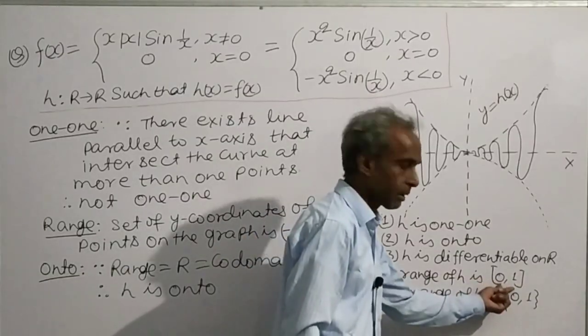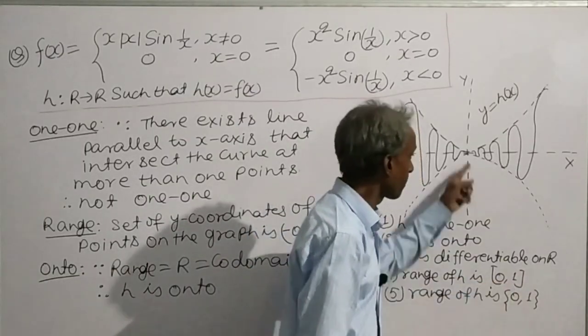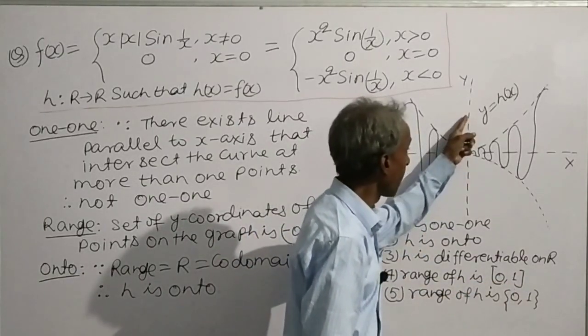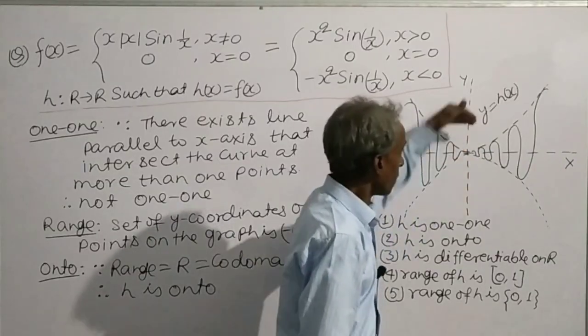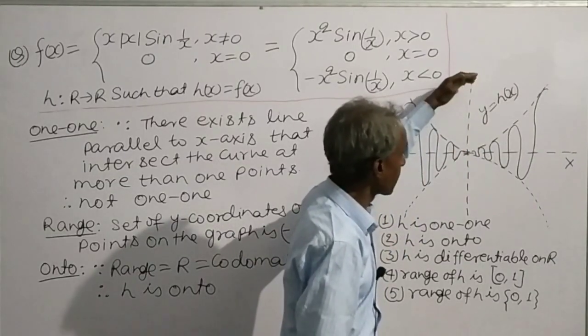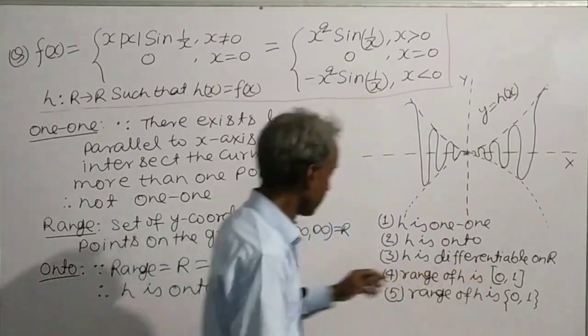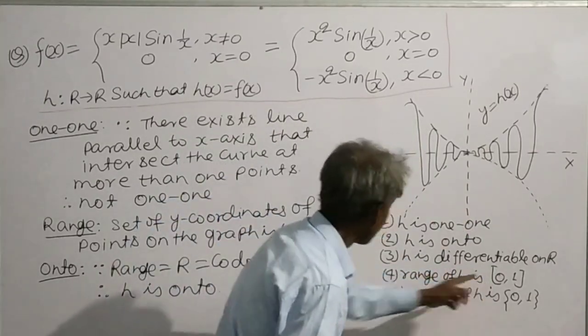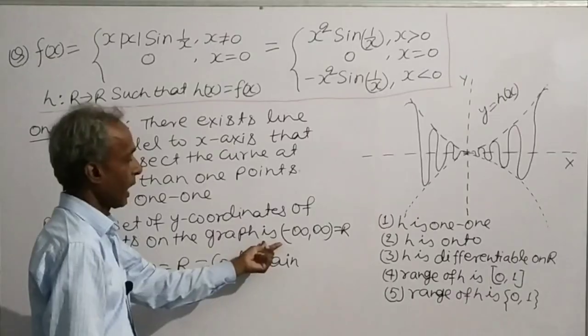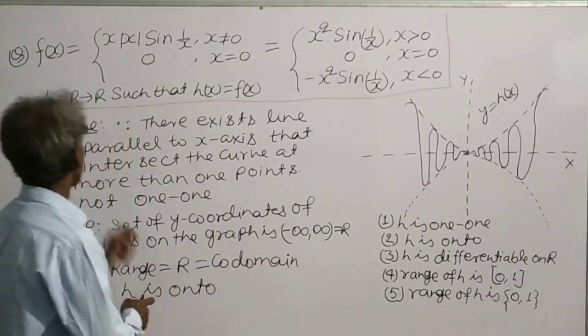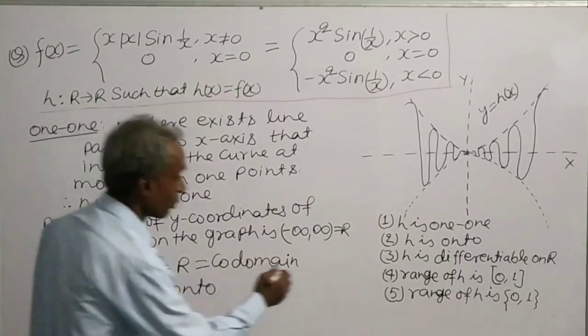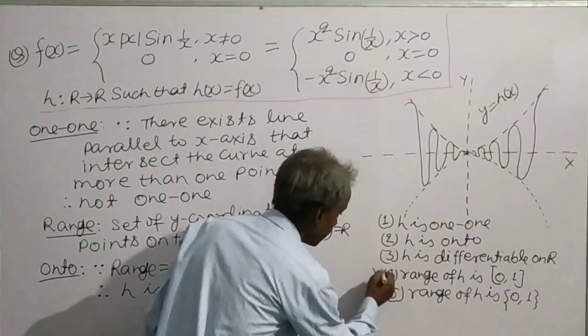This is an interval, all real numbers from 0 to 1. No number greater than 1, no number less than 0. That means this is not equal to R. Therefore, this entry Q cannot be matched with this.